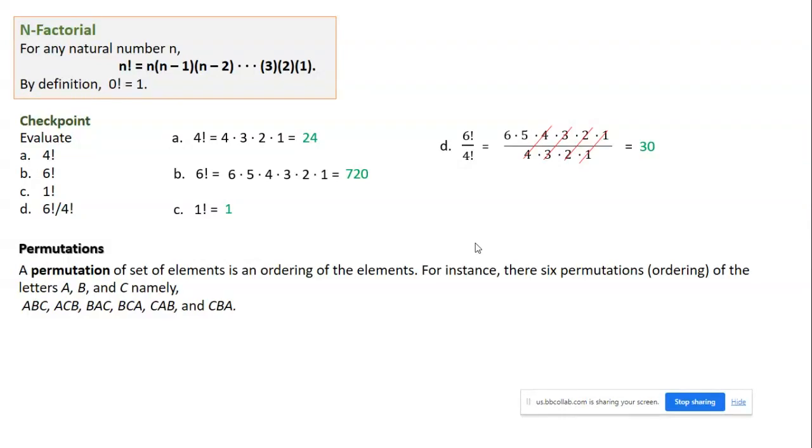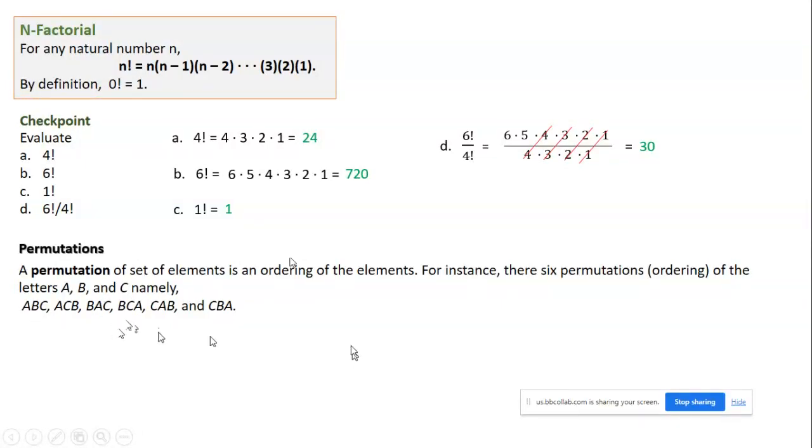Permutations is a way to order elements. When we're dealing with permutations, the order always matters. That's what ordering means. We are interested in the way things are ordered. For instance, if we have the letters A, B, C, the orders that these can come in are ABC, ACB, BAC, BCA, CAB, and CBA.